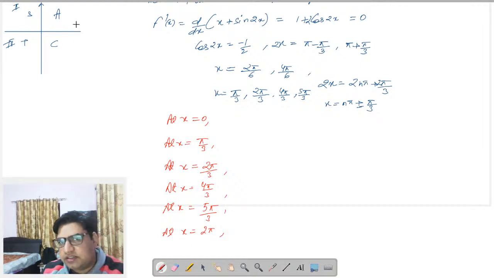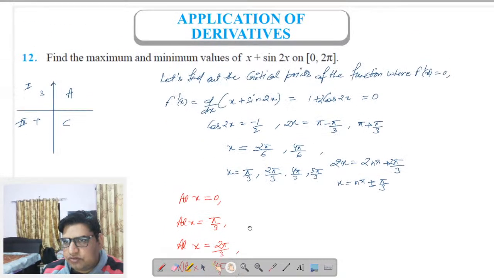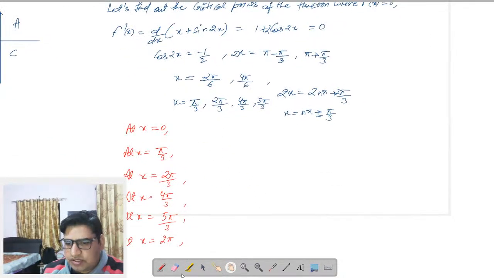So let's see what the values are at these points. At x is equal to 0, f x, as we know, is x plus sine 2x.